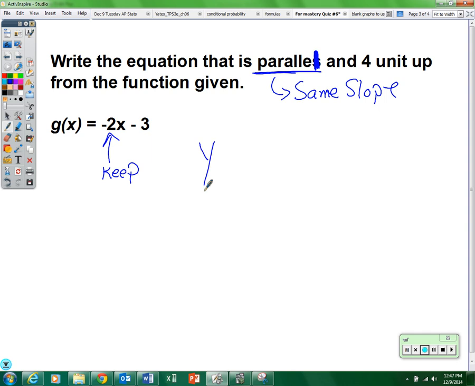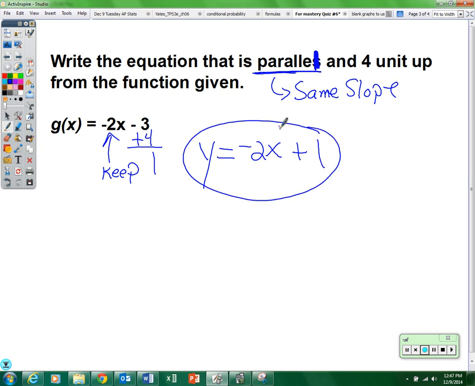So we're going to go y equals -2x. All right, 4 units up. Well, up, so counting up, we would add 4. If it said 4 units down, we would subtract 4. So we're going to add 4 to this intercept, and -3 plus 4 is 1. So plus 1. So y equals -2x plus 1. That line is parallel to that given function.